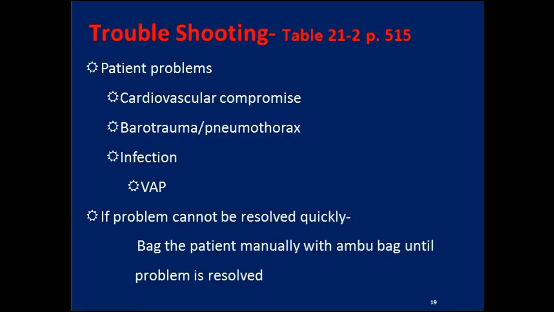Okay, so those are the three most common patient problems that you're going to run into. Cardiovascular compromise basically just means decreased cardiac output. Okay, poor venous return, decreased venous return because of the increased intrathoracic pressure.